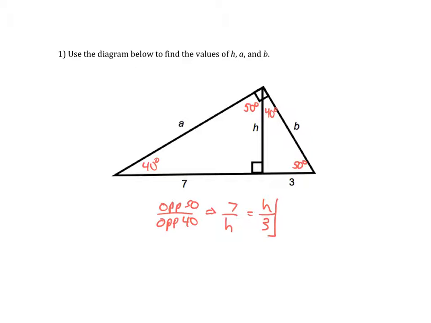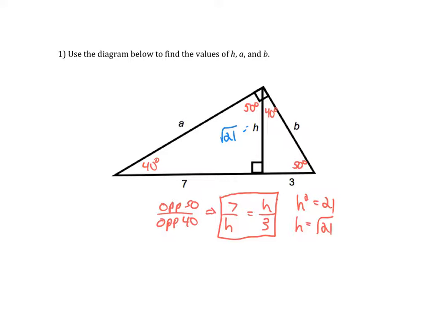So I have a ratio now of 7 over h equals h over 3. Solving that by cross multiplying, I get h squared equals 21, or h equals root 21. So I know h is just equal to root 21.